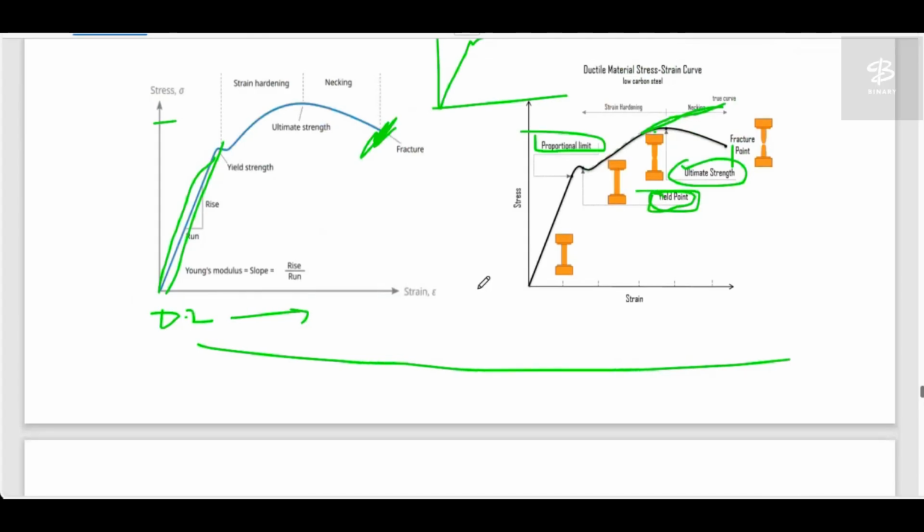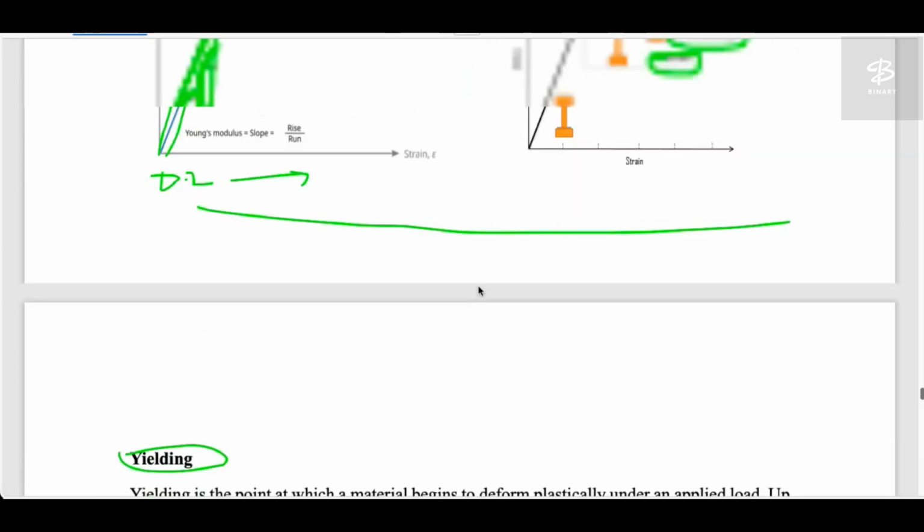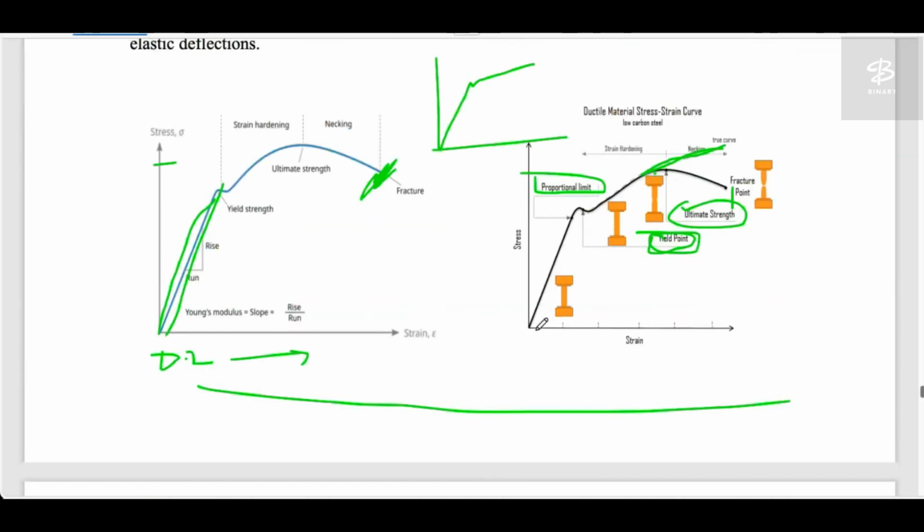If that is not shown, then what you can do is simply go from 0 to 0.2%, find the point, and then draw a line parallel to that, and where you cut the graph, that cutting point is known as your yielding point.